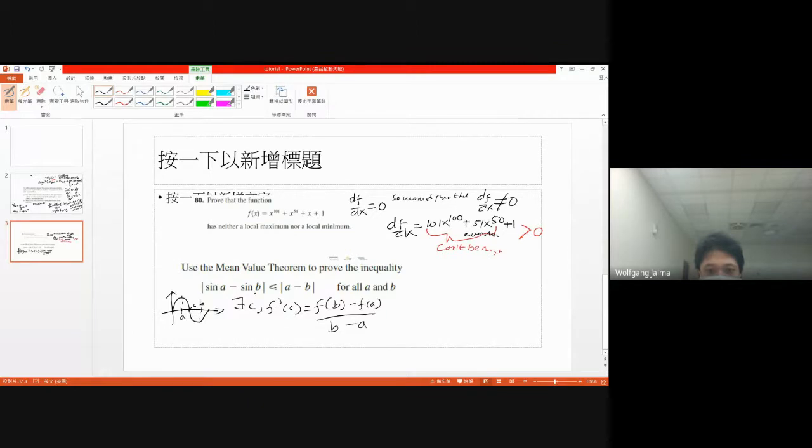Because it is the absolute value, it doesn't really matter which one is bigger, A or B.